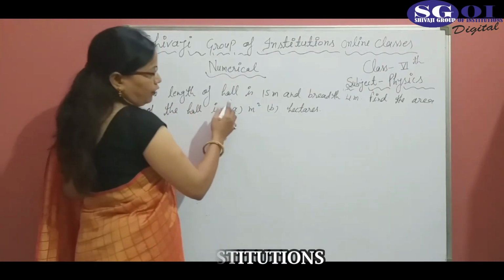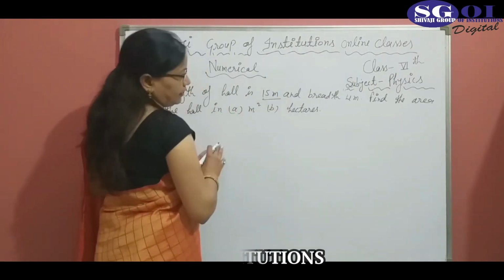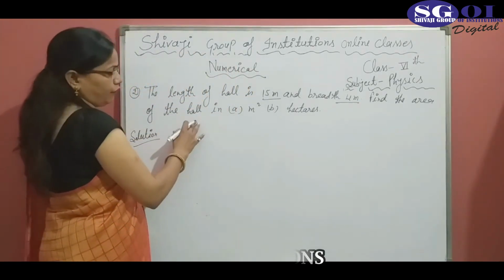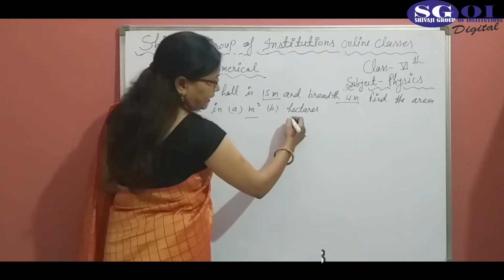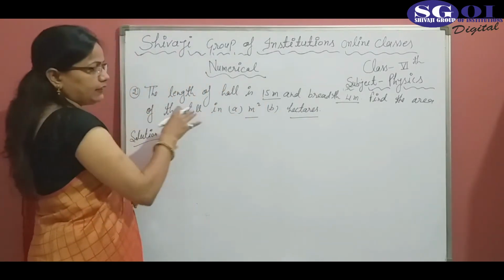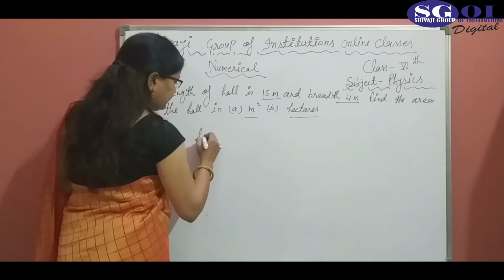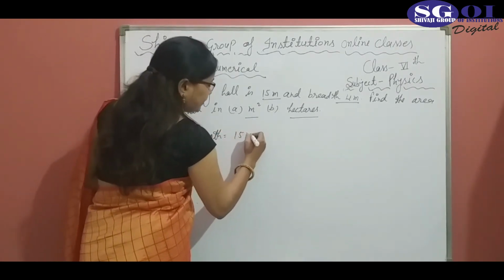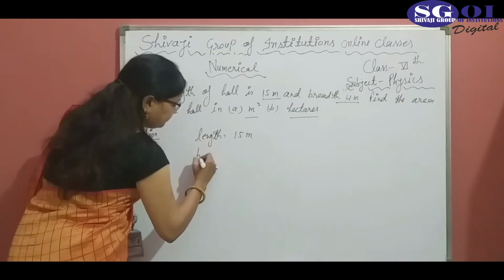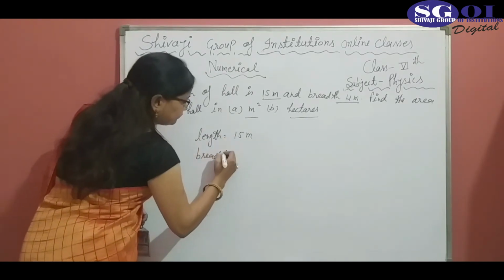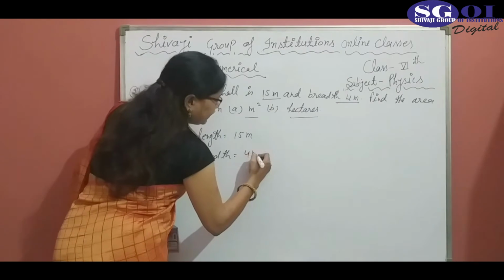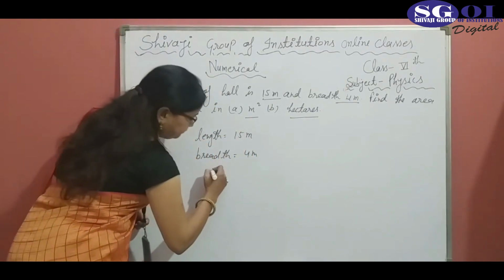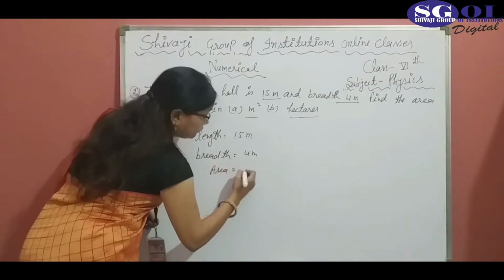Student, numerical number second. The length of hall is 15 meter and breadth is 4 meter. Find the area of hall in meter square and hectares. Student, in this question length is 15 meter and breadth is 4 meter, and we have to find out area of hall.